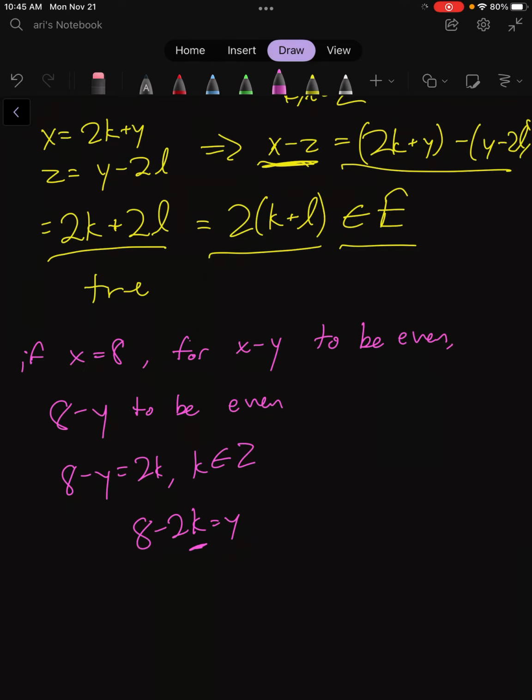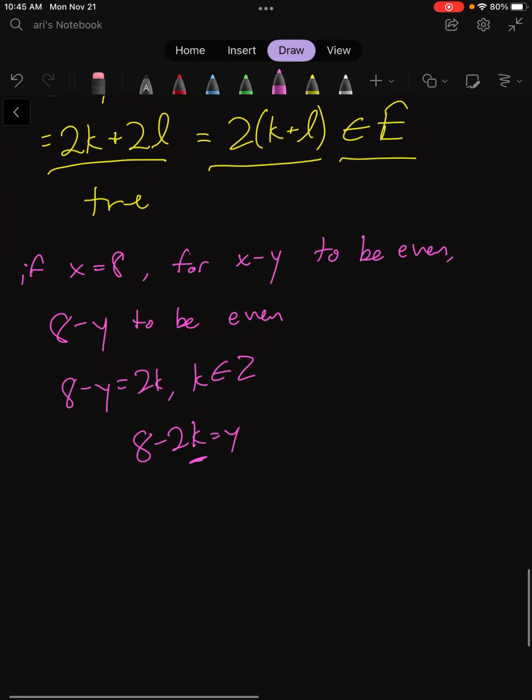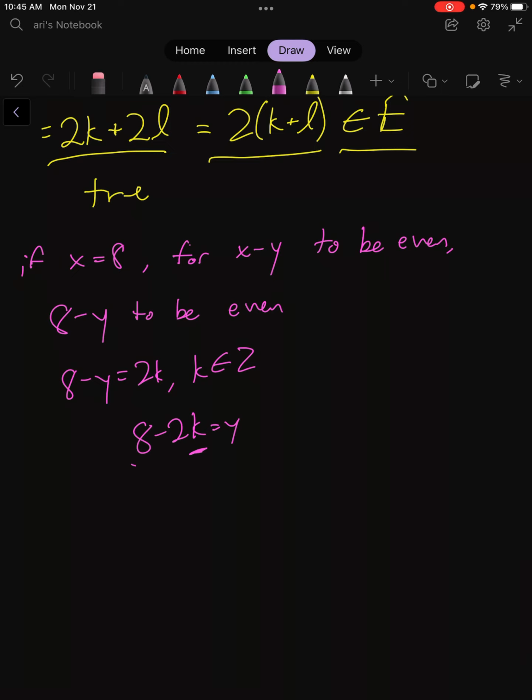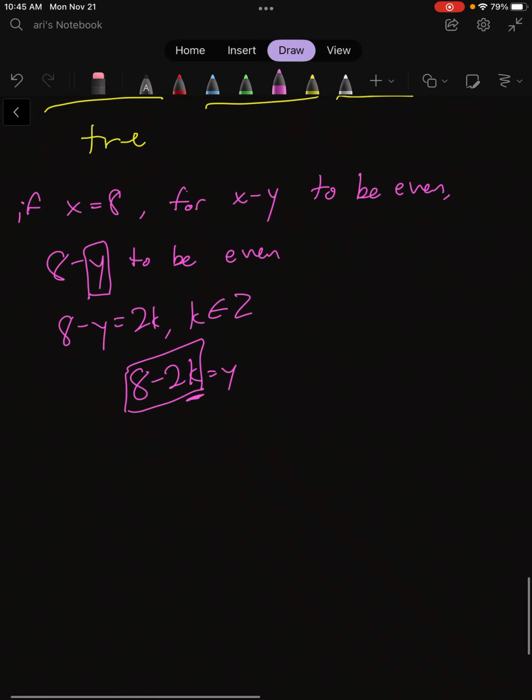And since k could be any integer, the difference 8 minus 2k is just any even integer. You could make 8 minus 2k equal 0, negative 2, negative 108, or 300, depending on what you sub in for k. So in this case, y could be any even number.